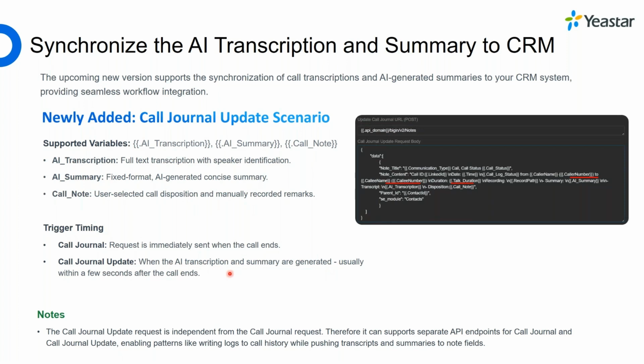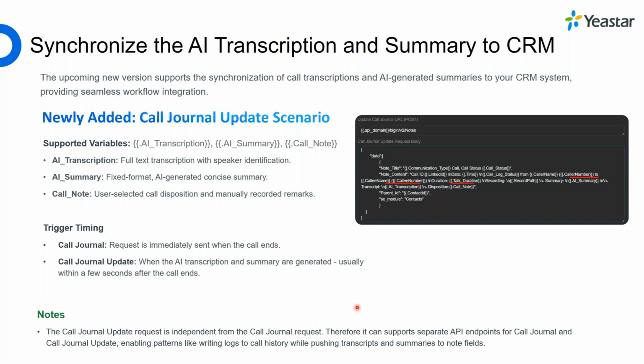Usually it will take around 5 or 10 seconds to generate the summaries, based on the length and volume of the content. This update request is independent from the call general request, so our system will send these 2 requests to the CRM system, which is very flexible.